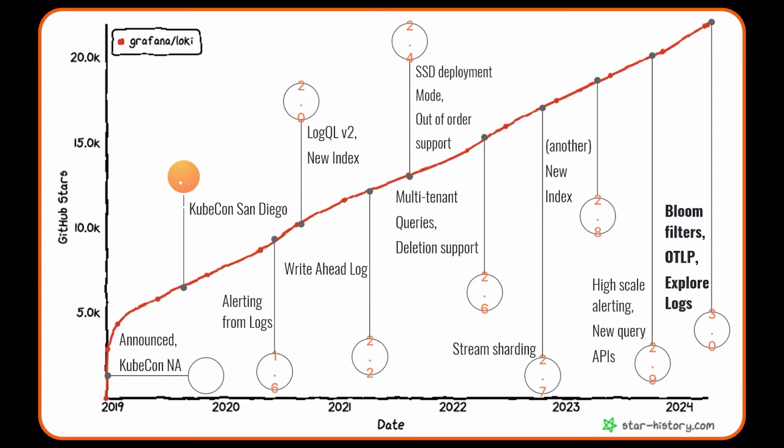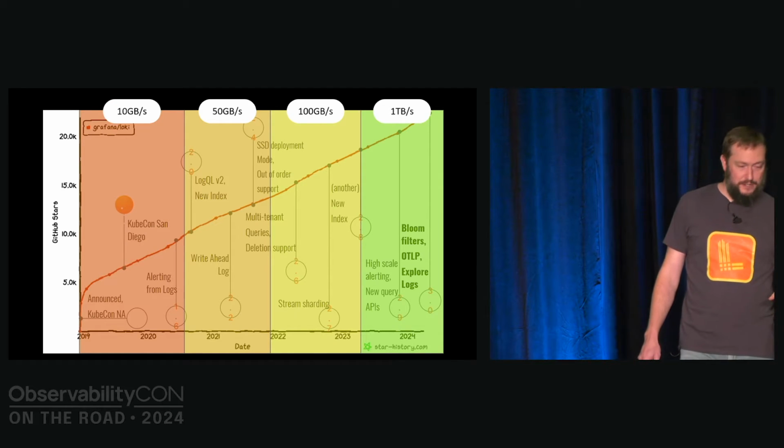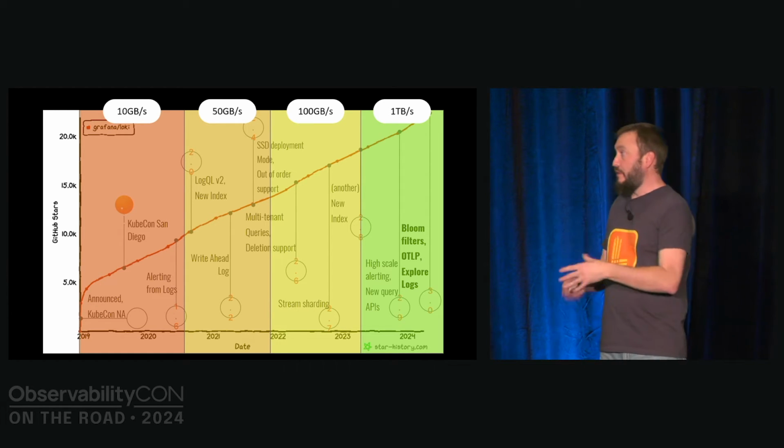Y'all have a lot of logs, so we've been working to build the biggest, most scalable system, and we've iterated on it a few times along the way. The things I'm going to talk about now are these Bloom filters in particular, and some of the other new features in 3.0.